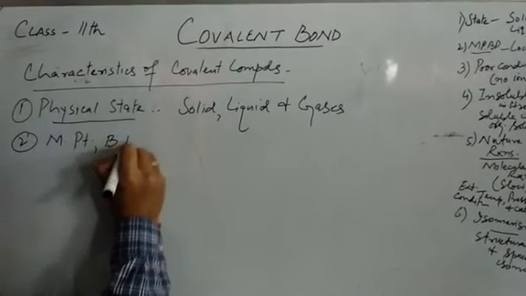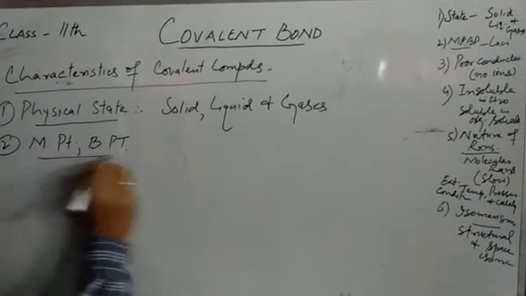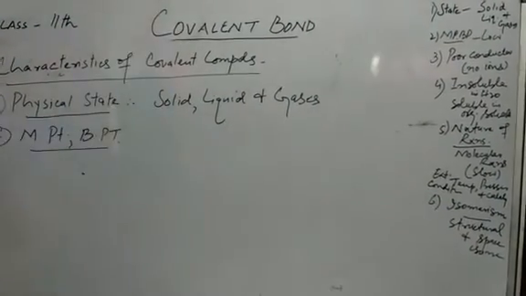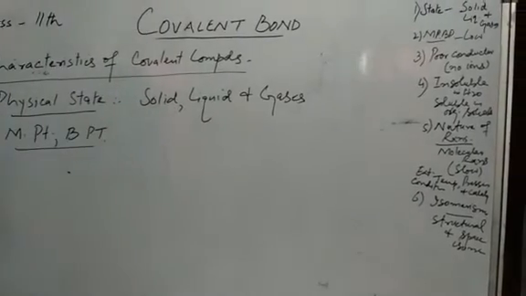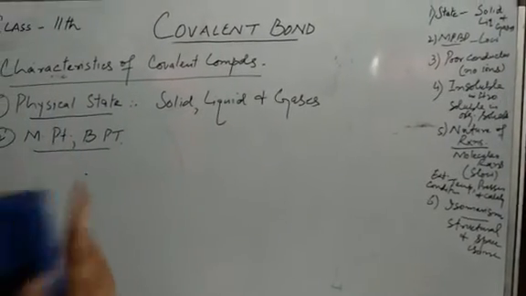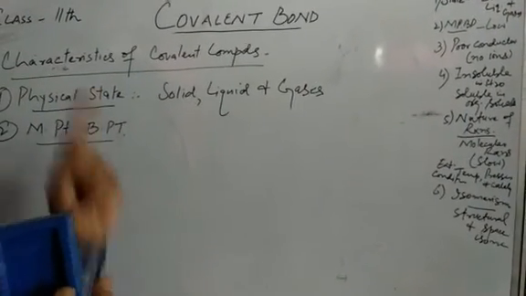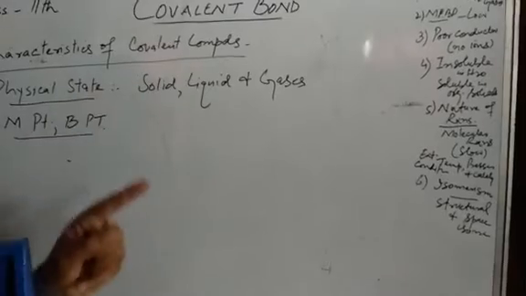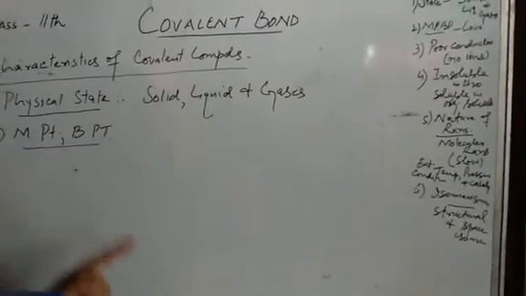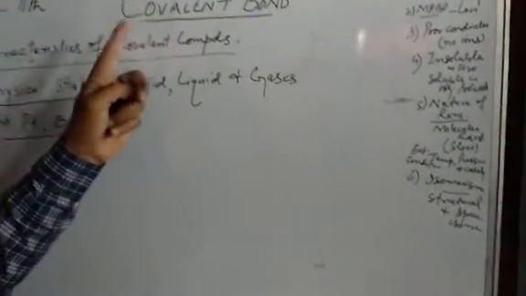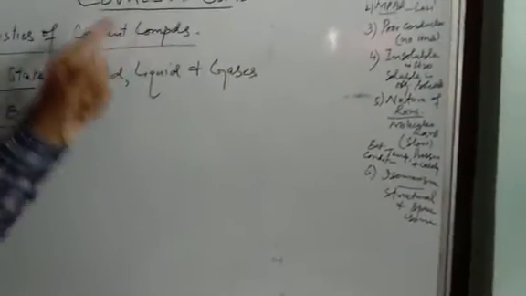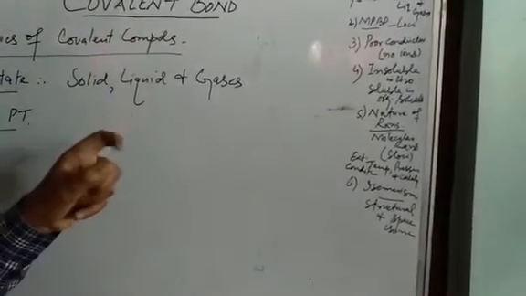This point, that is melting and boiling points, depends upon the strength of the bond. Now your ionic bond that was formed between oppositely charged ions, that was a strong bond. So those compounds, that is your ionic compounds, had high BP and MP. As compared to ionic bond, your covalent bond is a weaker bond.